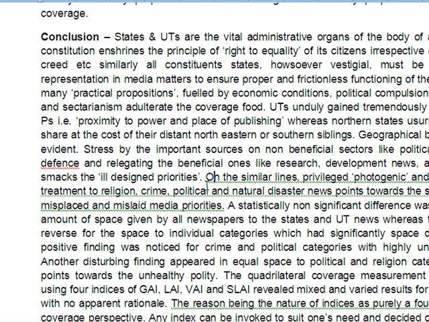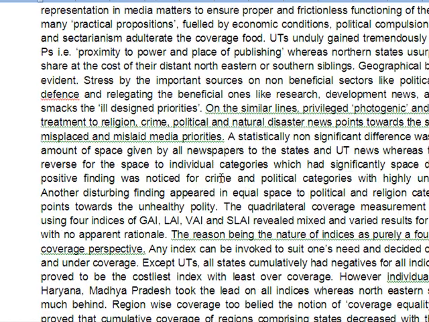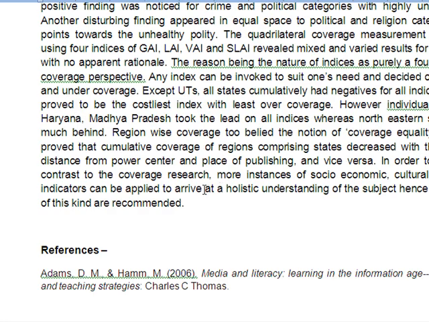Like you can say that these findings are similar to so and so researchers, and if they are different, then you have to give a justification or the possible answer to why these are different.